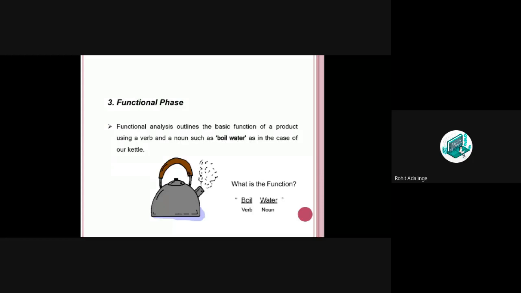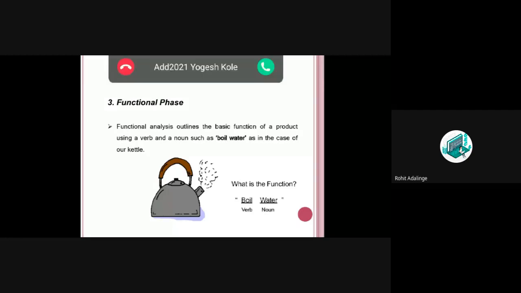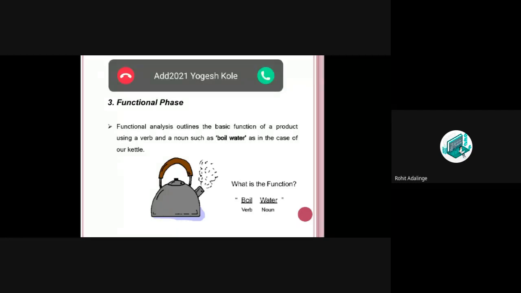Third one, establish cost of basic functions. Then estimate worth of each basic function.